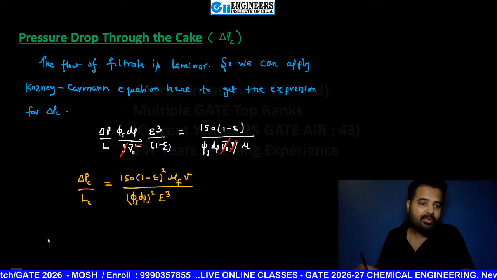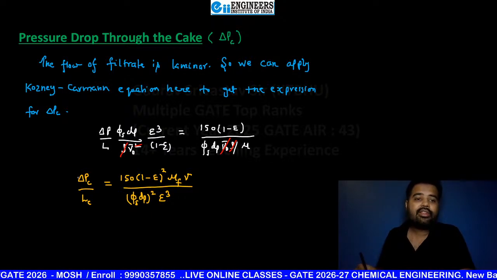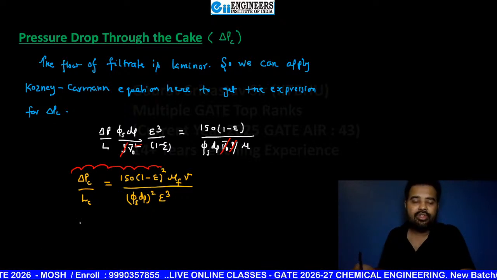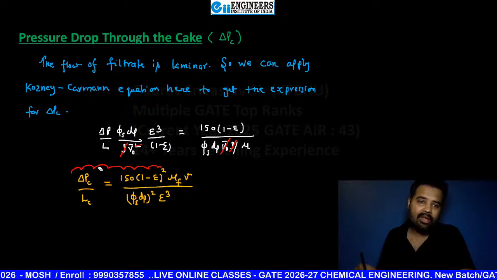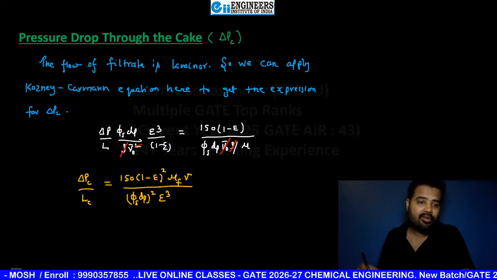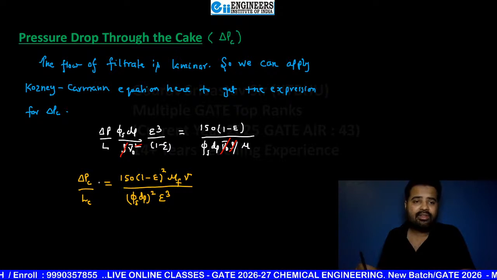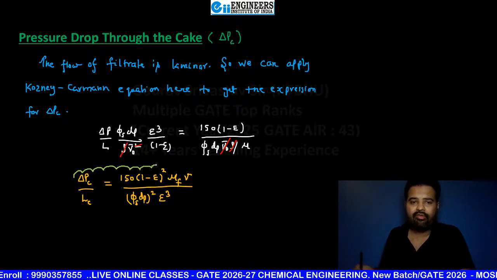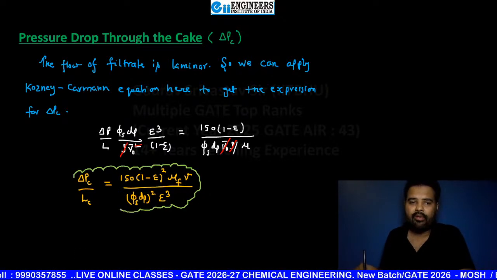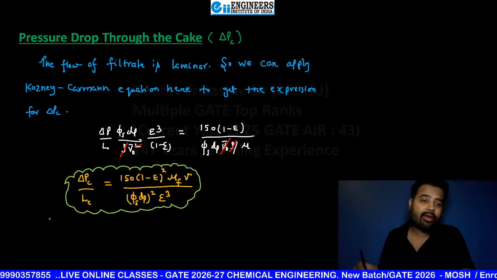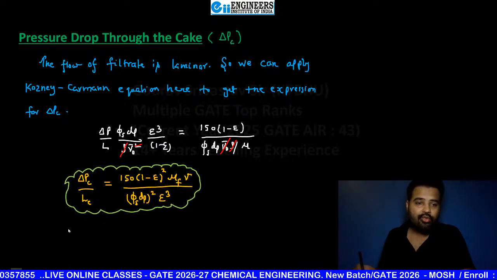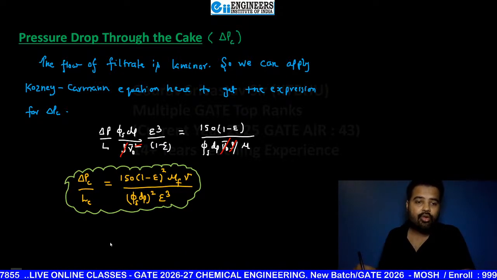Please check this well, because whenever this type of expression is asked in an examination, I derive it at that time. I'm not going to remember it; I remember only the first form. You can use any one form, and the first one is the better one to remember. So this is your final expression that you can use for the calculation of pressure drop across the cake.